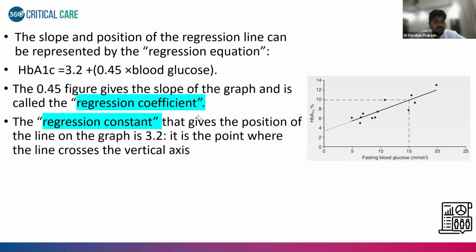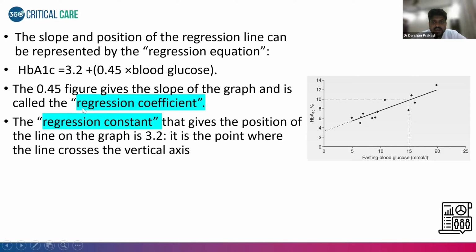Based on the regression constant and the regression coefficient, you can calculate either the blood glucose or the HbA1c. If you fill in the blood glucose here, you get the HbA1c value calculated.